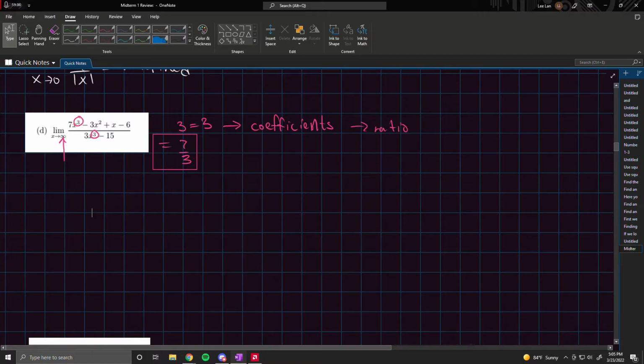One thing I like to do with limits is just plug in the numbers and see what happens. So, function of x.